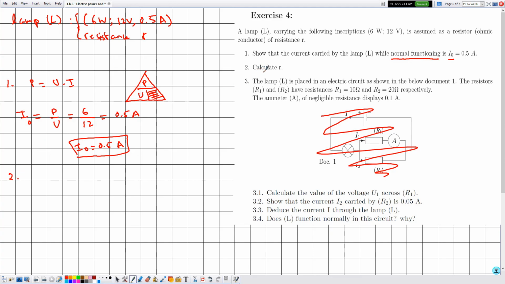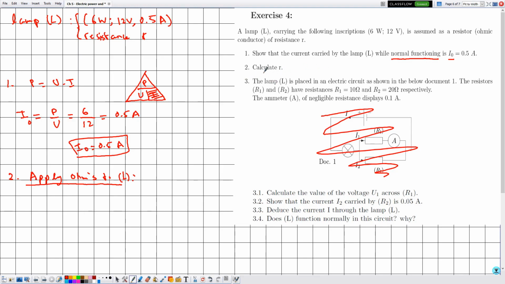Now in number 2, they are telling me calculate R. So we need to calculate the resistance R, and for sure this can be done using Ohm's law. Apply Ohm's law to L. Notice that in part 2 they didn't tell me that the lamp L is functioning normally.